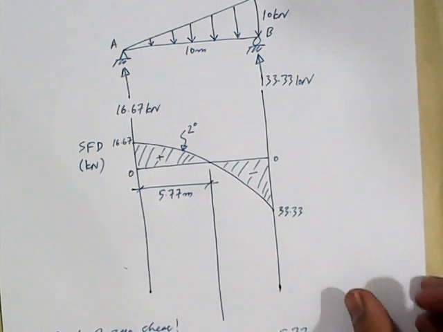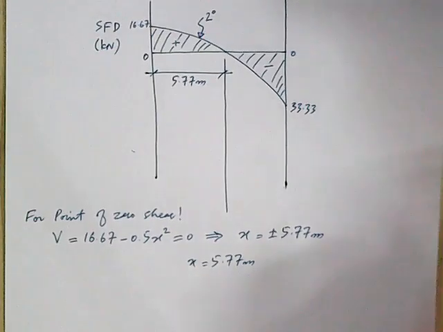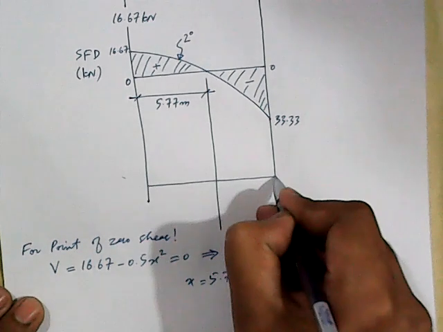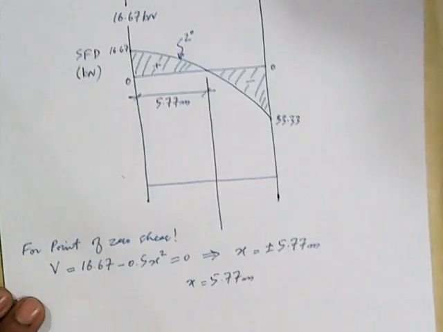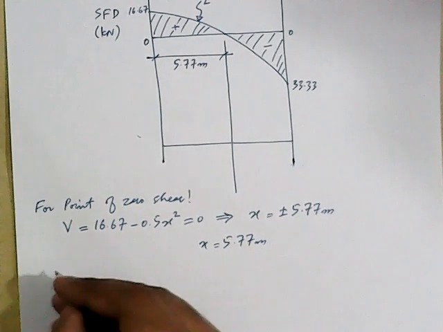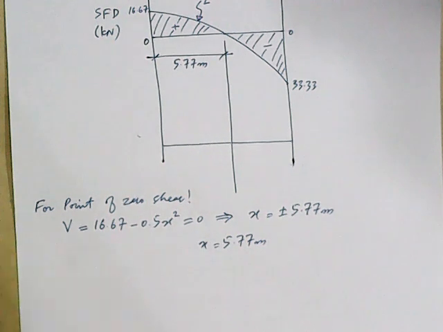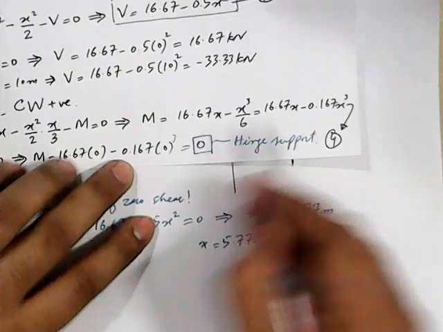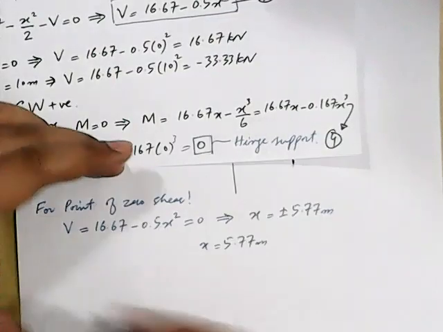If this distance is 5.77 meters and we want to draw the bending moment diagram, we will calculate the value of bending moment at this location. For that we will consider equation number 4, which is the equation of bending moment.